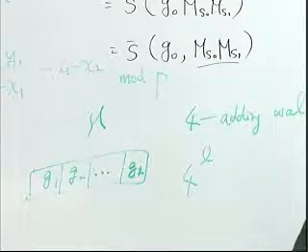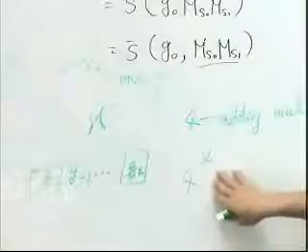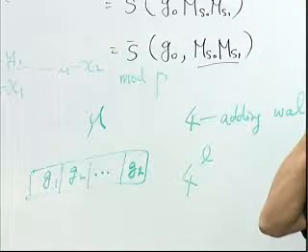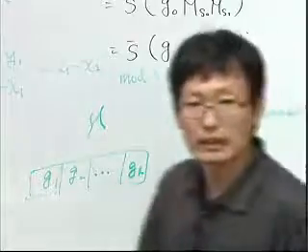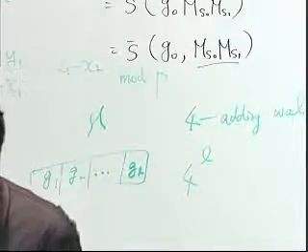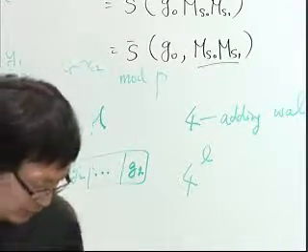Then that means we choose L elements without order, and then it's much less than this one. I'll give you the number after this talk.